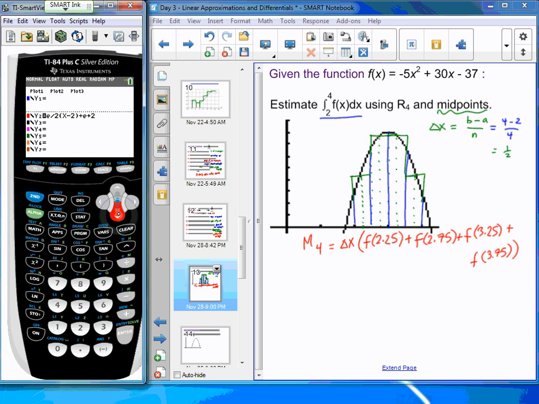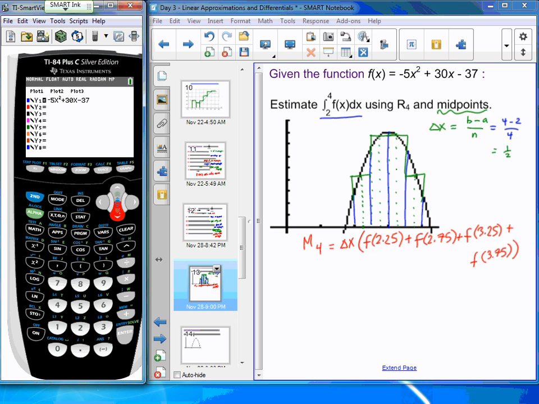In my y equals menu, I can clear out that exponential business, and we'll enter our new function, negative 5x squared plus 30x minus 37.